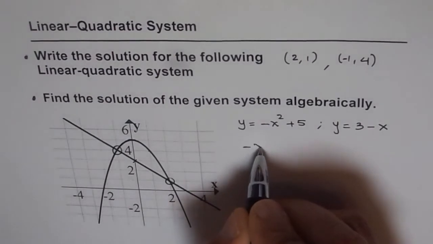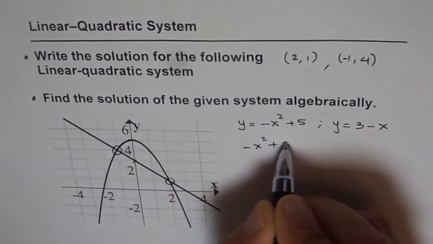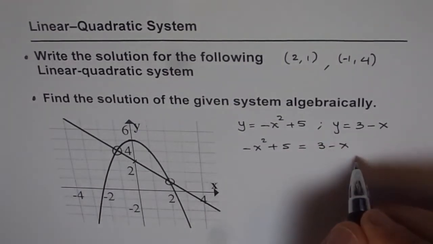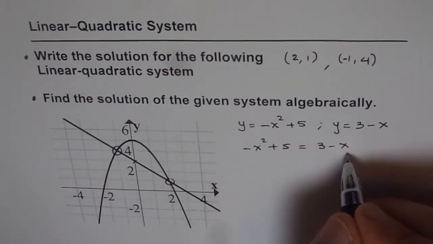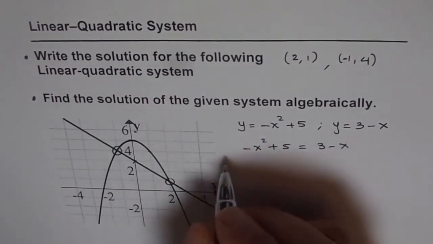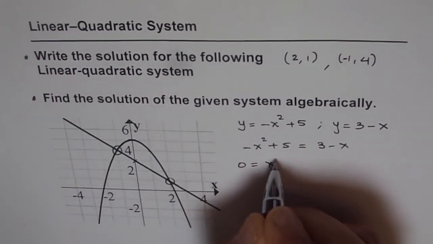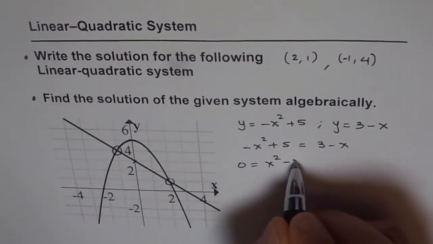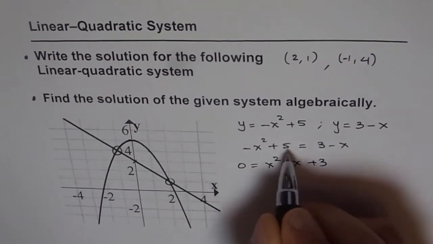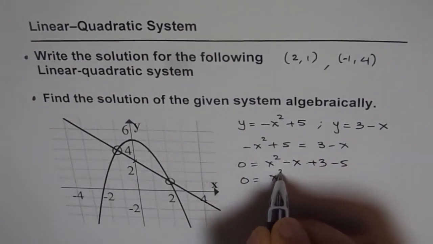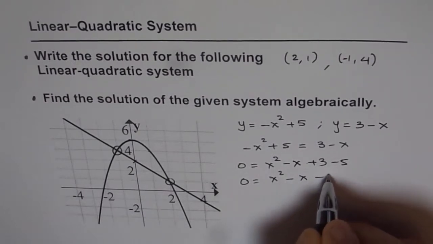Therefore, minus x squared plus 5 should equal 3 minus x. After equating, we have to solve for x. This is a quadratic equation, right? So we can take these terms to the right and say 0 equals x squared minus x, plus 3 minus 5. So that is 0 equals x squared minus x minus 2.